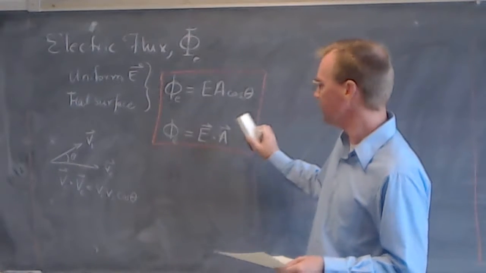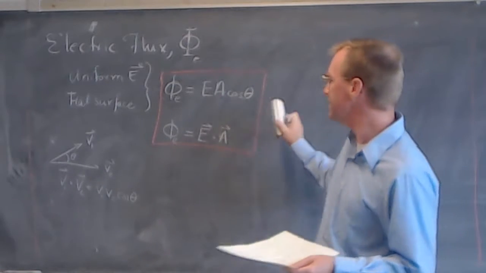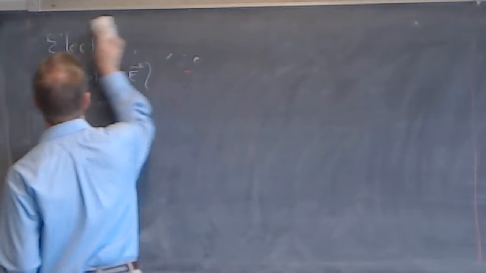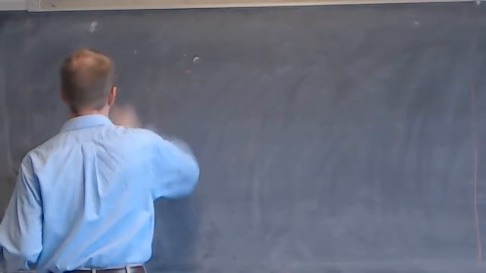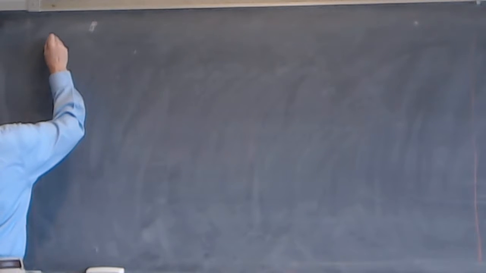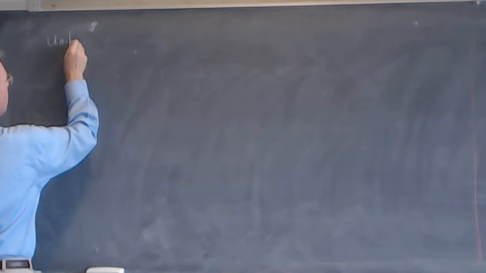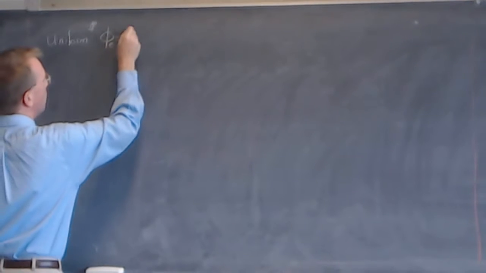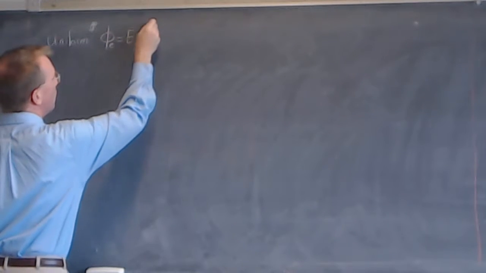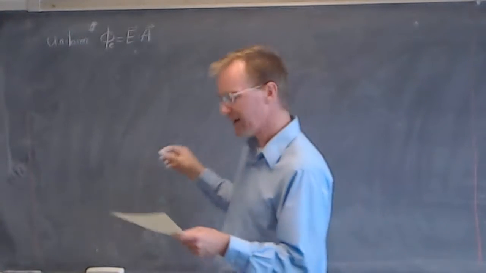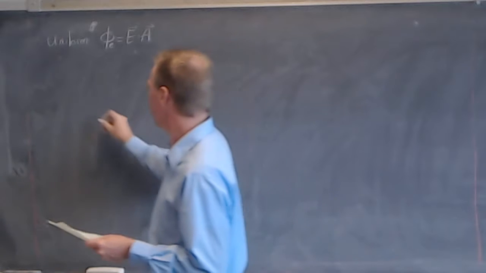So flux for the uniform case is equal to E dot A. So what we're going to do is break our more complicated surface up.